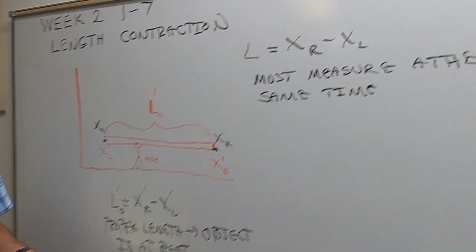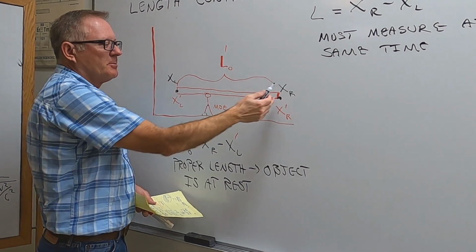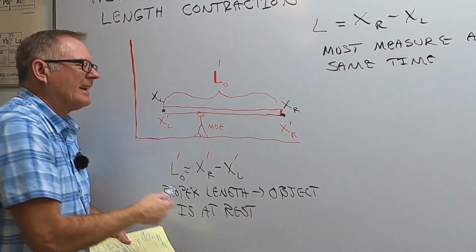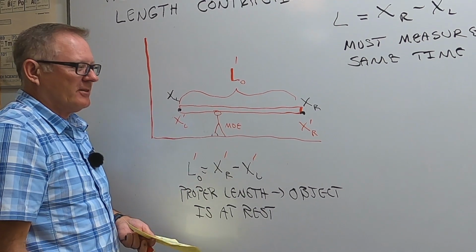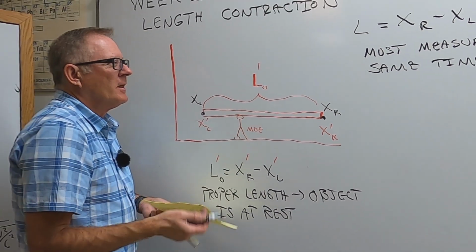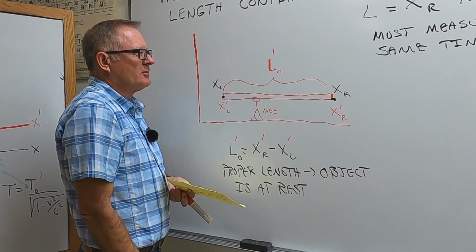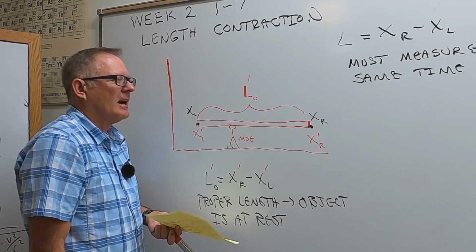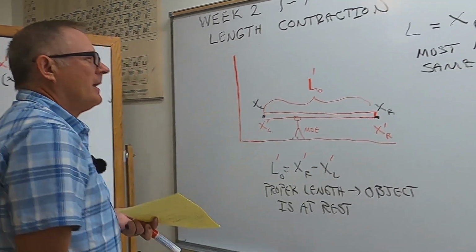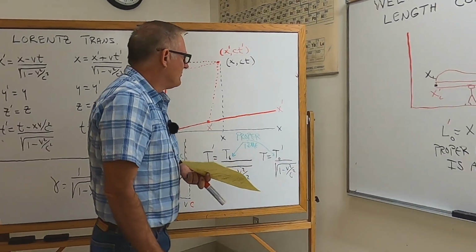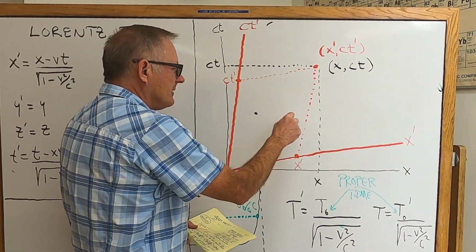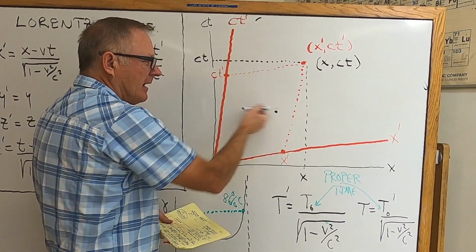Now Mo, he can measure this position and this position anytime he wants. He could measure this today and that tomorrow. It's not moving, so it doesn't matter to him. But on this right here, Frank, these two have to be measured at the same time in Fred's frame. It's not the same time in Fred's frame.